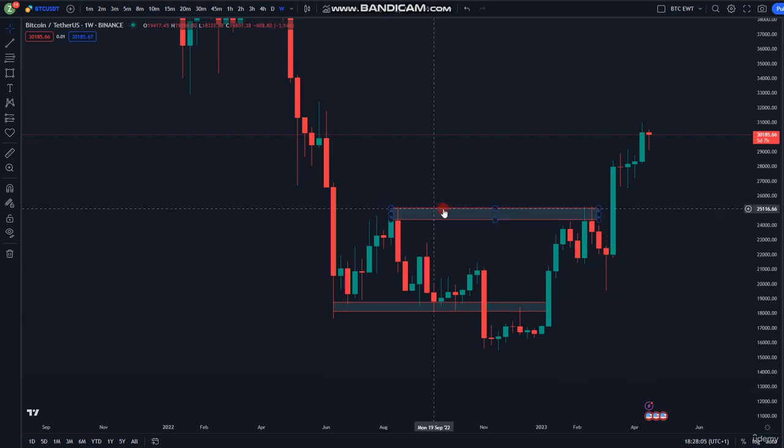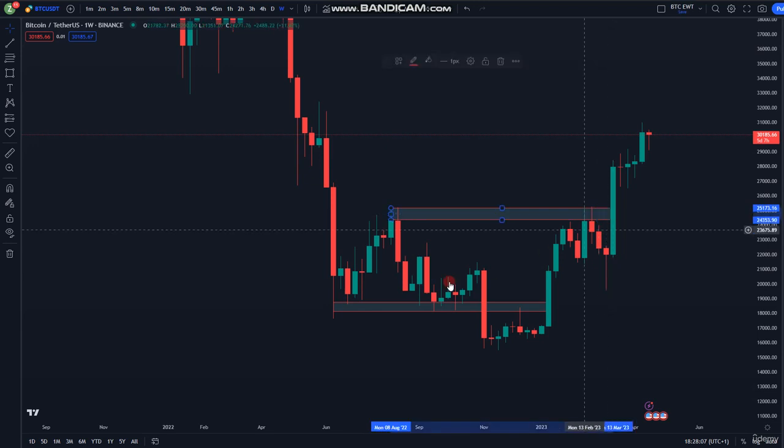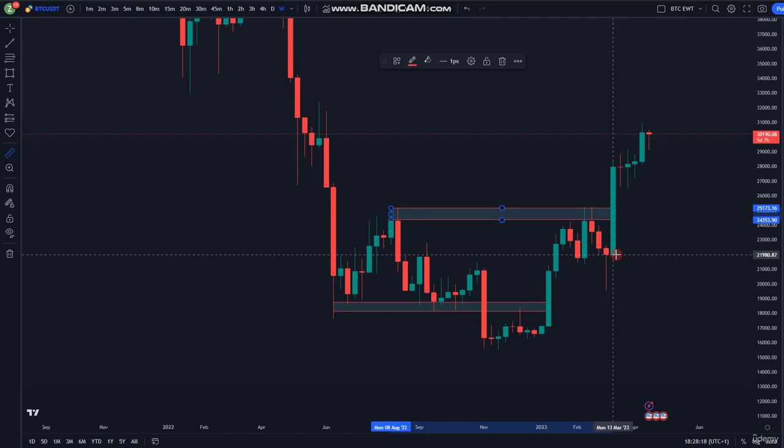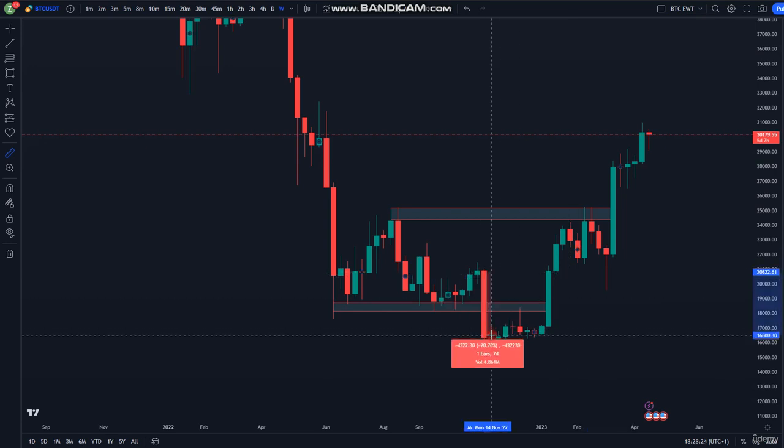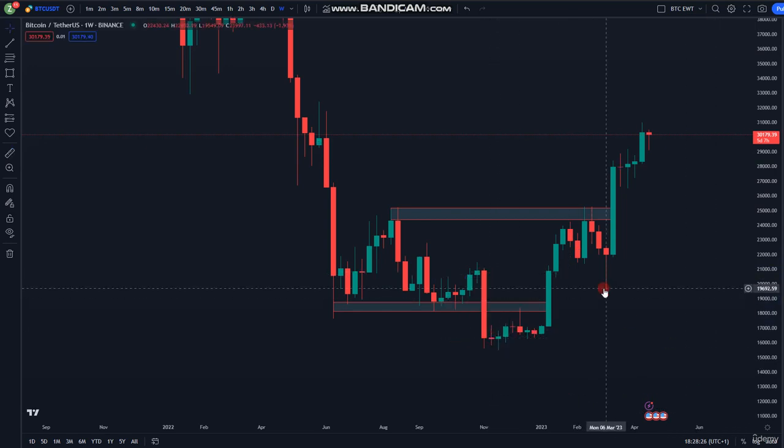So this is identifying another resistance level, and just the same as these two times here, when this resistance level was broken through, price moved astronomically. We had a huge candle there. This weekly candle moved a whopping 25%, very similar to this candle right here actually. Price has kept going up ever since.